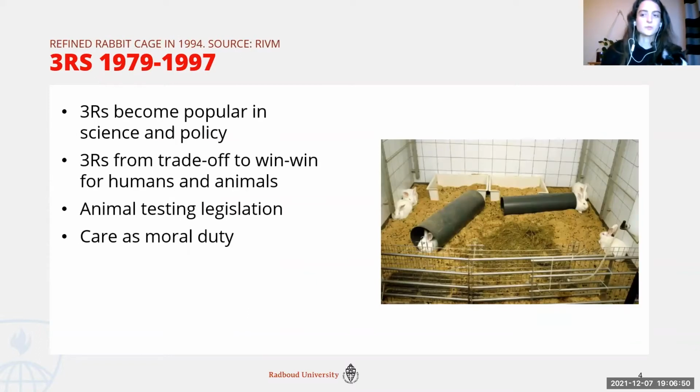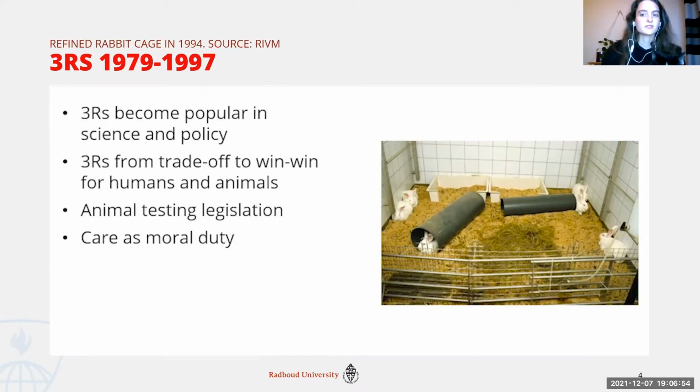The periodization is based on the Netherlands. It could be that it's a bit different in different countries, but overall, I think you see a similar trend. And this is also reflected in the images that you see.